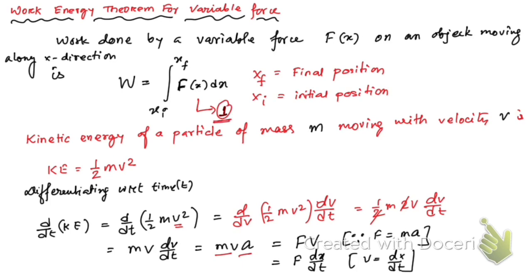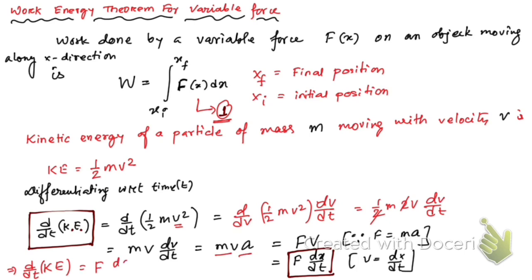Now from here what we have got: the derivative of kinetic energy with respect to time t is equal to F into dx by dt, right? F into v, that means we have got this. So we can write here, derivative of kinetic energy with respect to t is equal to force into derivative of position with respect to time t.